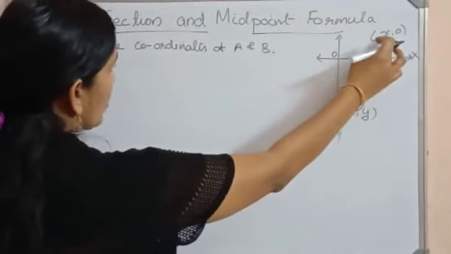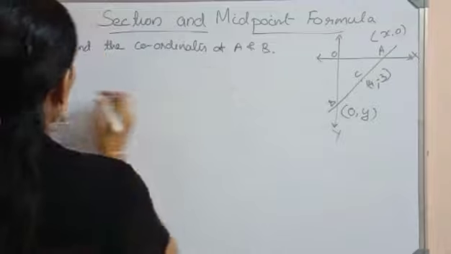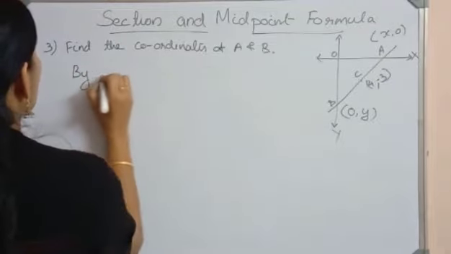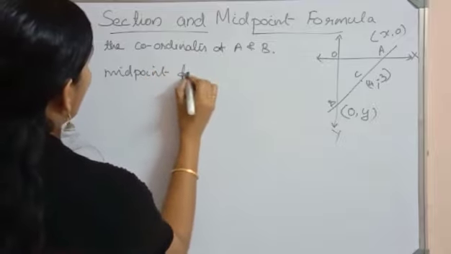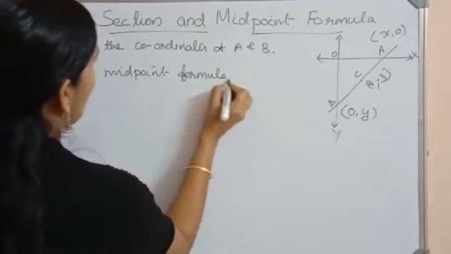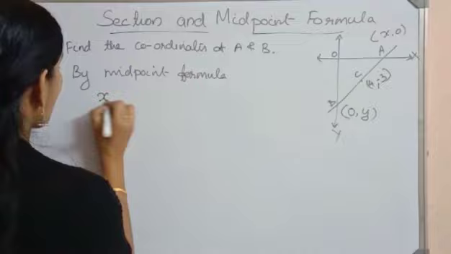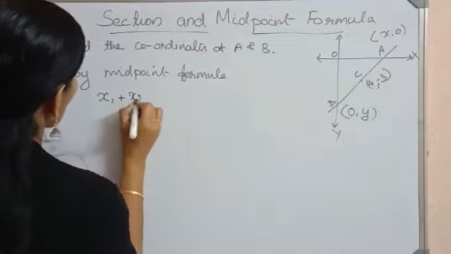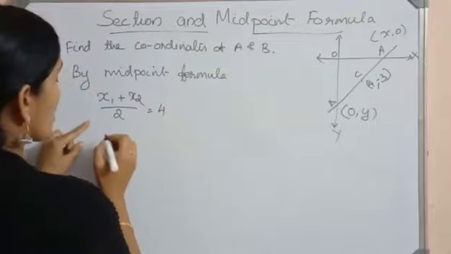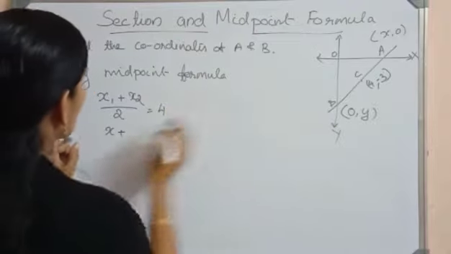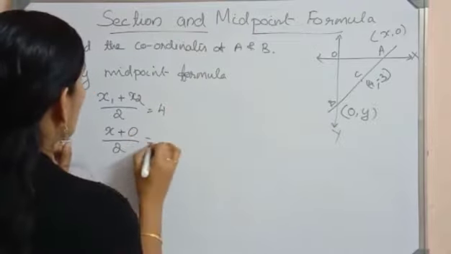Now, by using the midpoint formula, let's find the x coordinate of A as well as the y coordinate of B. Consider the coordinates of A as x1, y1. By midpoint formula, (x1 plus x2) by 2 is equal to 4. x1 is x here, x plus x2 is 0, by 2 is equal to 4.